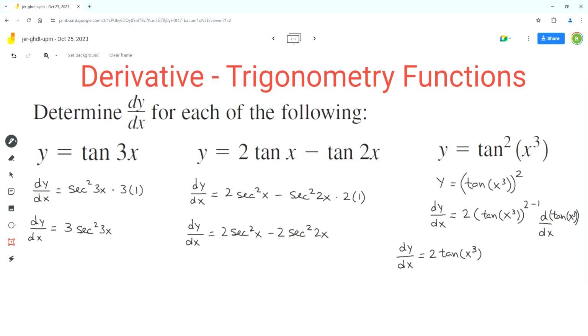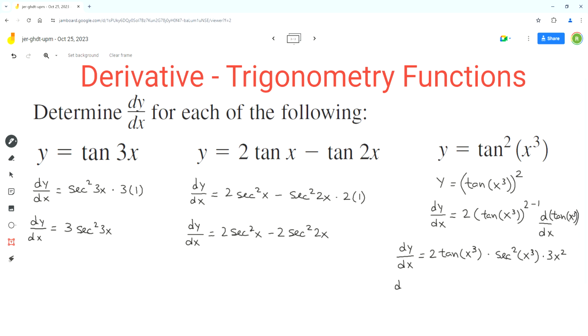So we start with the derivative of the outer function, which is tan. So the derivative of tan is secant squared, times the derivative of the inner function, which is x cubed, and we have to use power rule. So the derivative of x cubed is 3x squared. So we move the exponent 3 to the front of the term and we subtract 1 from 3.